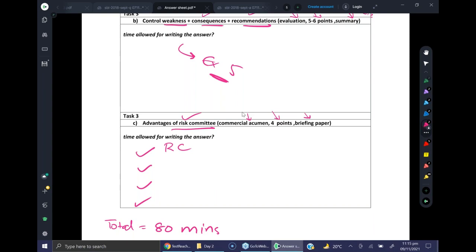So if there's a risk committee, this will allow some EDs to sit on the board, to sit in this committee. And EDs are the people who know the operational issues really well. So they can effectively contribute to risk management because risk committee allows EDs to become the part of it, right?